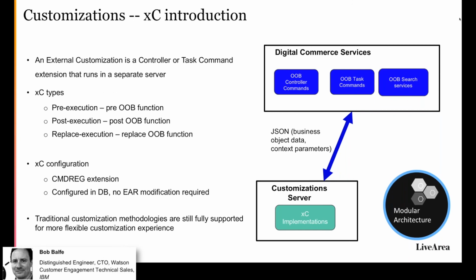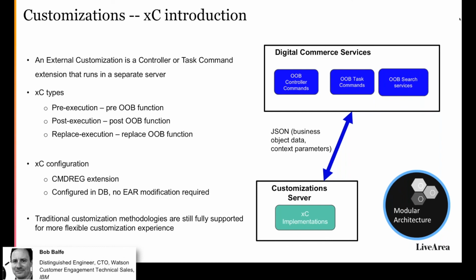The different types are pre-execution, post-execution, or replace execution. So we have a lot of different ways that you can extend and customize the server without disrupting the actual platform code in any way, because it's deployed in its own server and essentially its own Docker container.